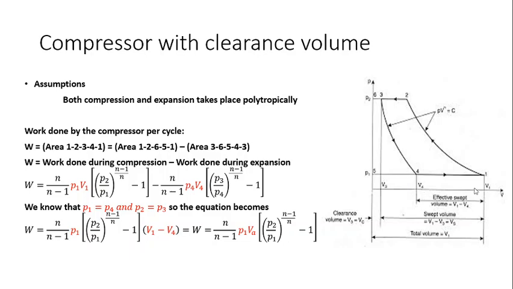So the effective swept volume will be V1 minus V4, called VA. So W is equal to n/(n-1) P1 VA into (P2/P1)^((n-1)/n) minus 1. This is the equation for work done per cycle in a reciprocating compressor with clearance volume.